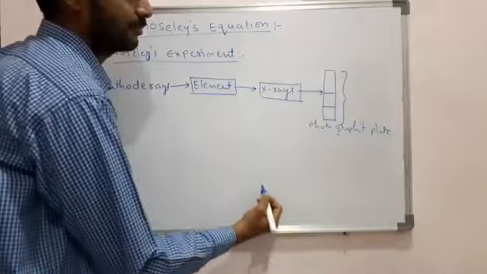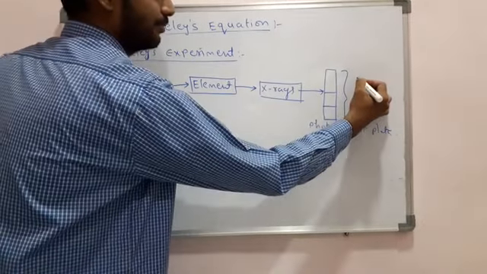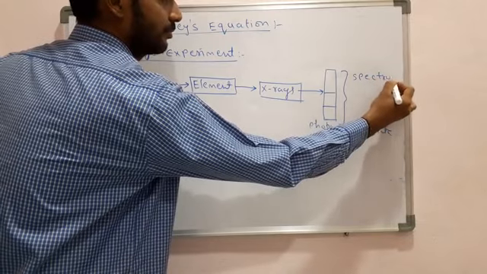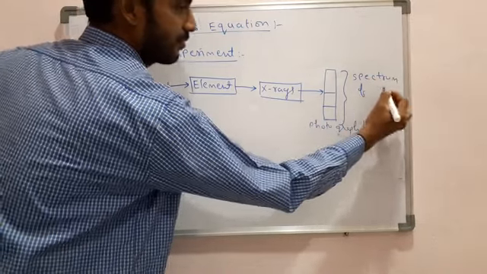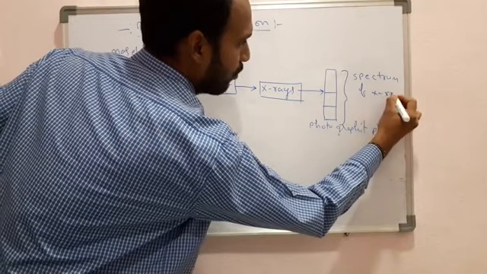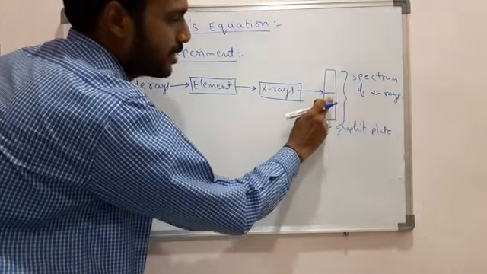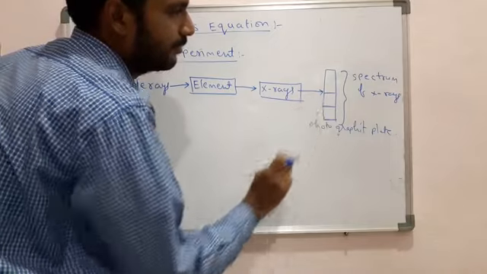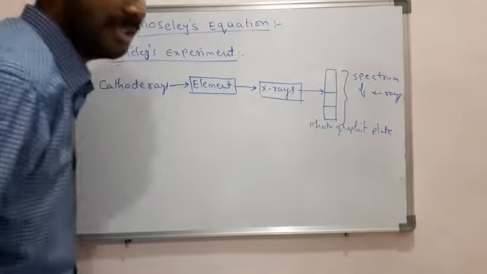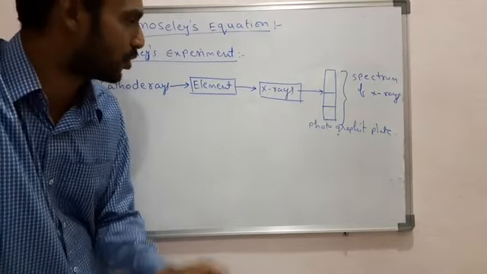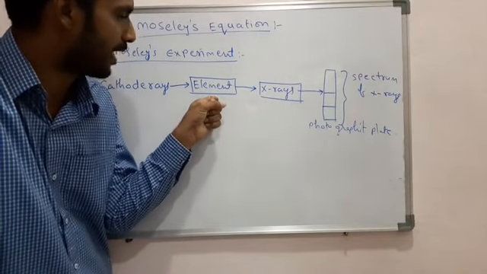This is called the spectrum of these X-rays. This line spectrum of X-rays gives the characteristics of the X-rays emitted by that element.